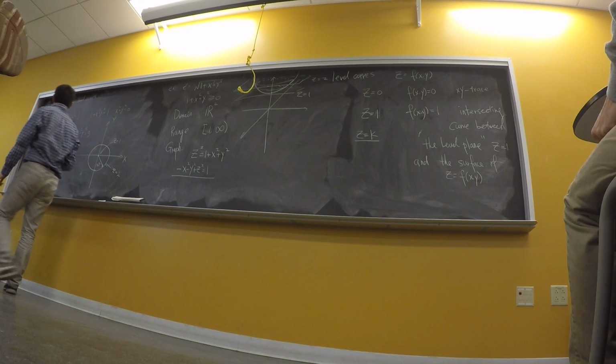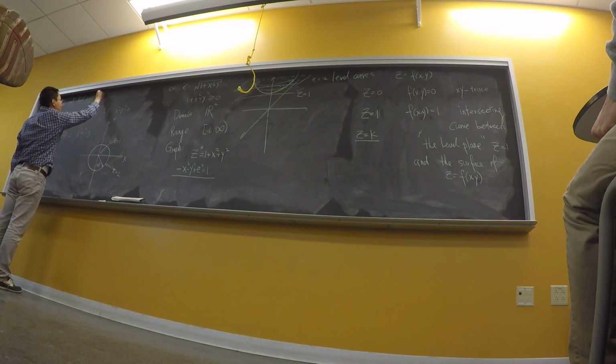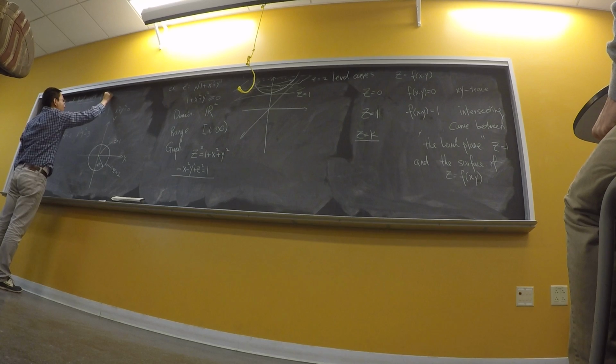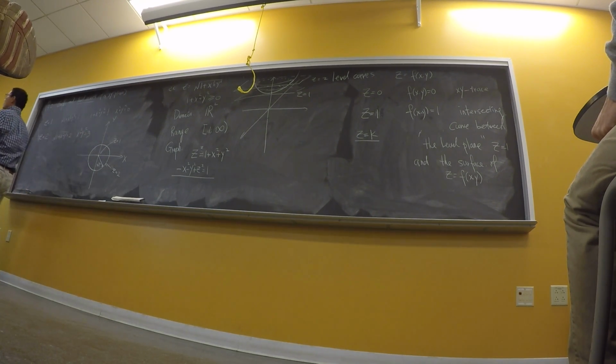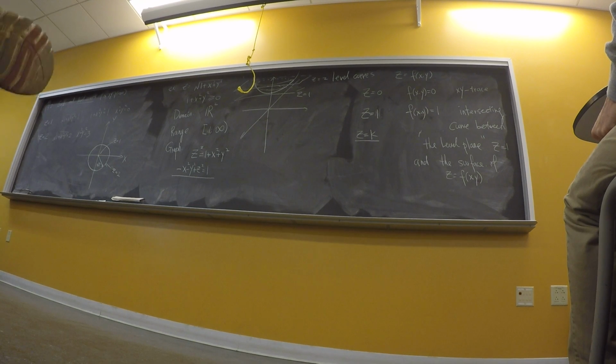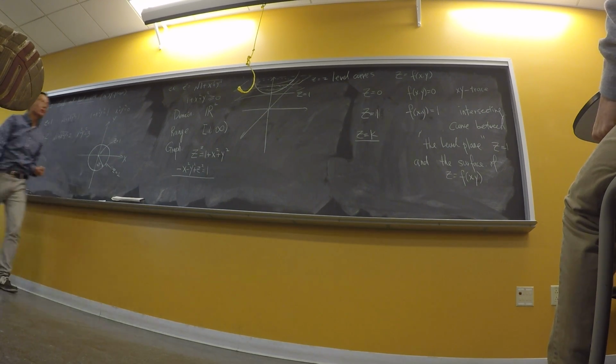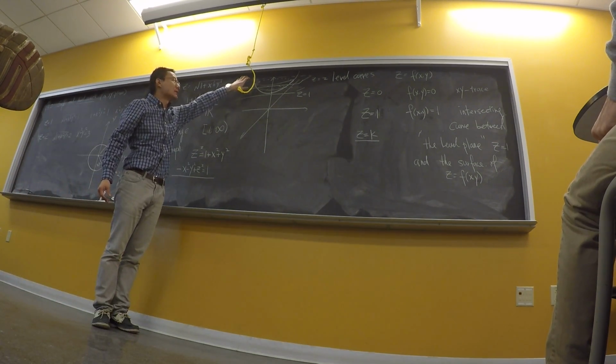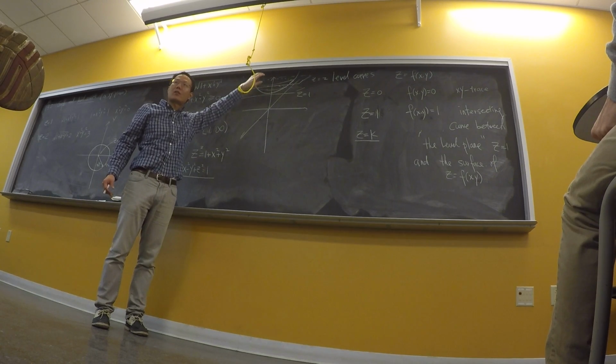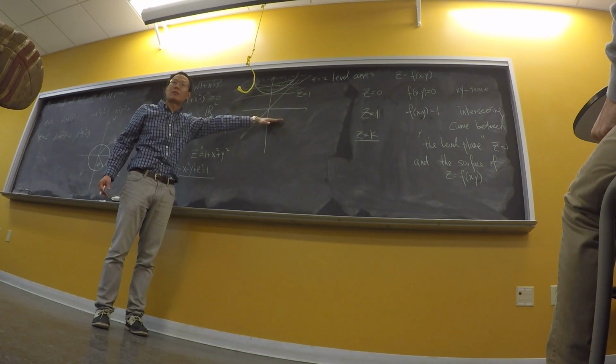So these level curves are still on the xy plane. When you draw your level curve, you don't have to draw the surface. Now with me? You can draw your surface and draw all these level planes to intersect and find out where the curve is and project on the xy plane.